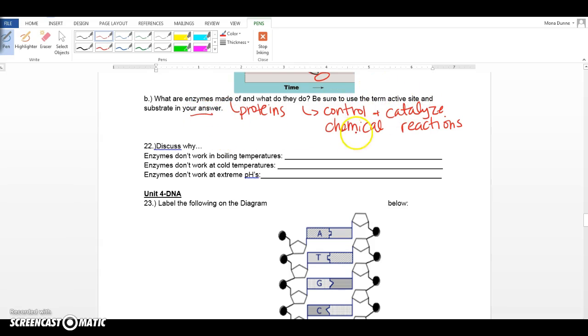So they control chemical reactions by taking in substrates into their active site. And basically within that active site, they create a favorable environment for the chemical reaction to take place.